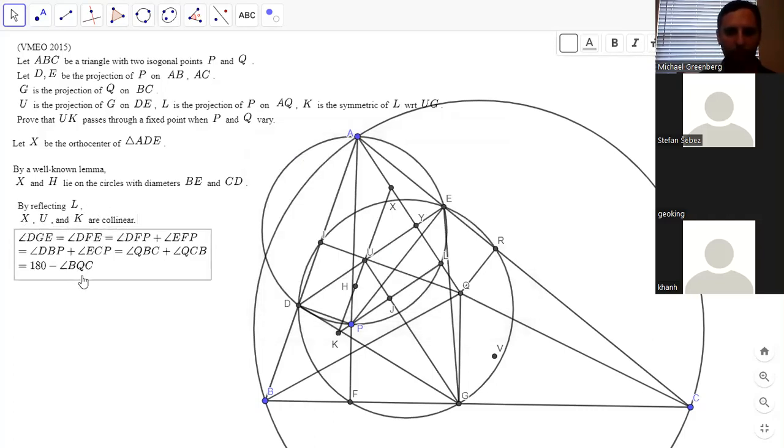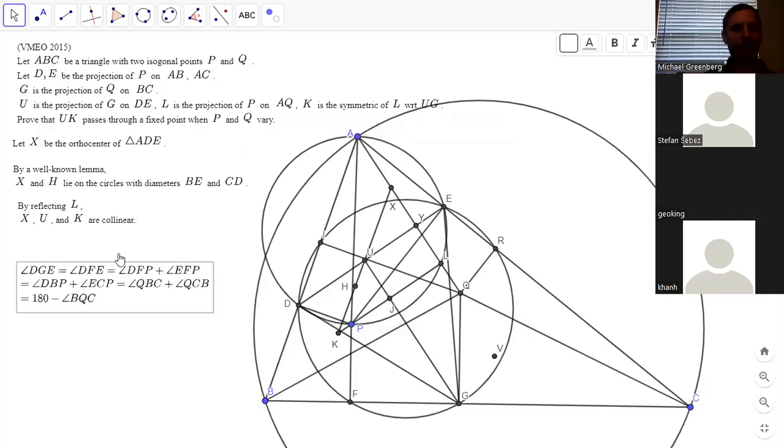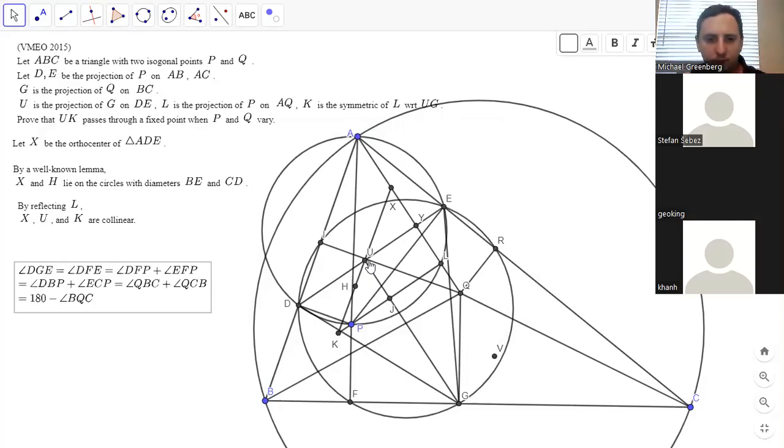So yeah, I'm just trying to make sense of all this. And then we could show, I guess we could try to show U lies on DE is the external angle bisector of UKL. Yeah, XK and U are collinear. Oh, yeah.